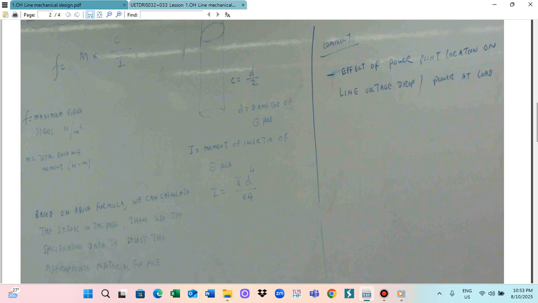Based on the above formula, we calculate the stress in the pole.